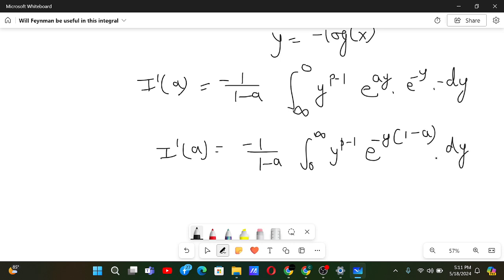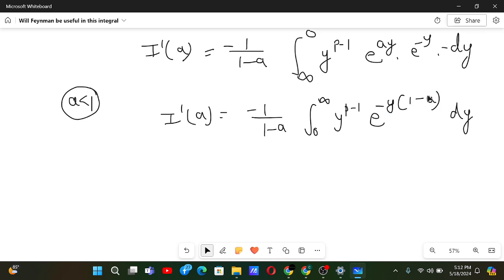Now please note that a is actually less than 1, so that this over here, the coefficient of y, is positive. Yeah, so we are keeping a bound for the value of a. Otherwise, a minus 1 would also be possible.